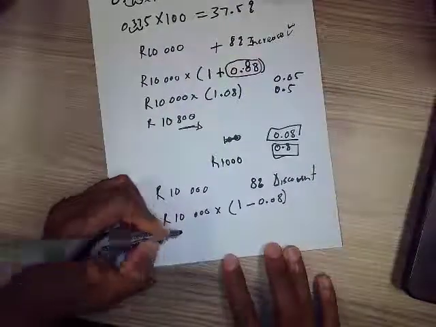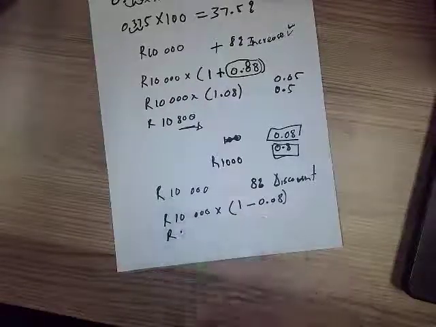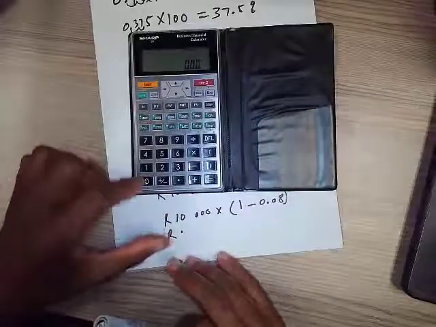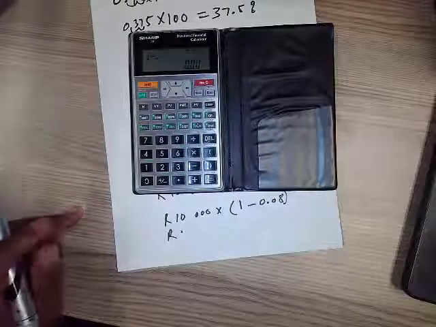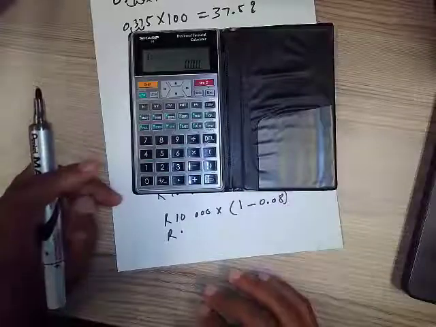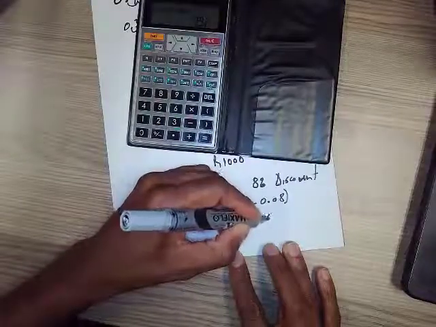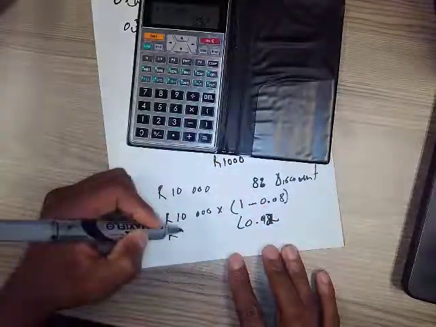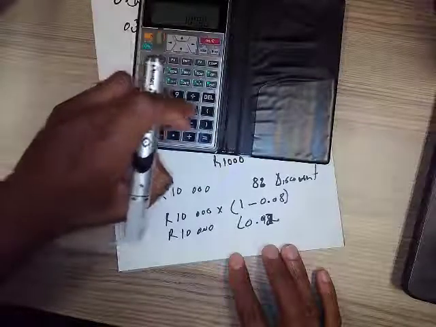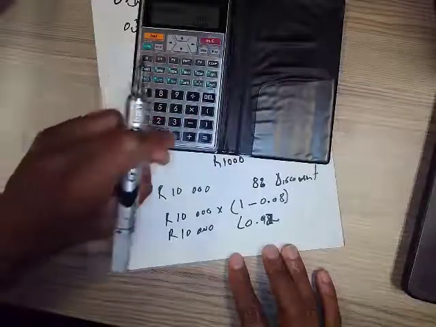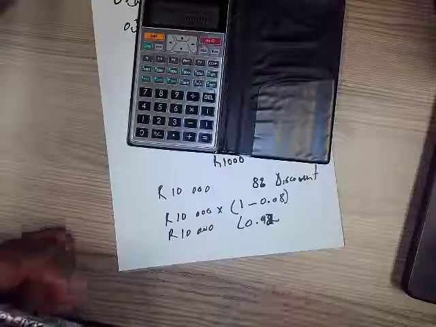So you can say 1 minus 0.08, which will give you 0.92. So 10,000 multiplied by 0.92, which is 800 rands off, right? I hope you understand that.